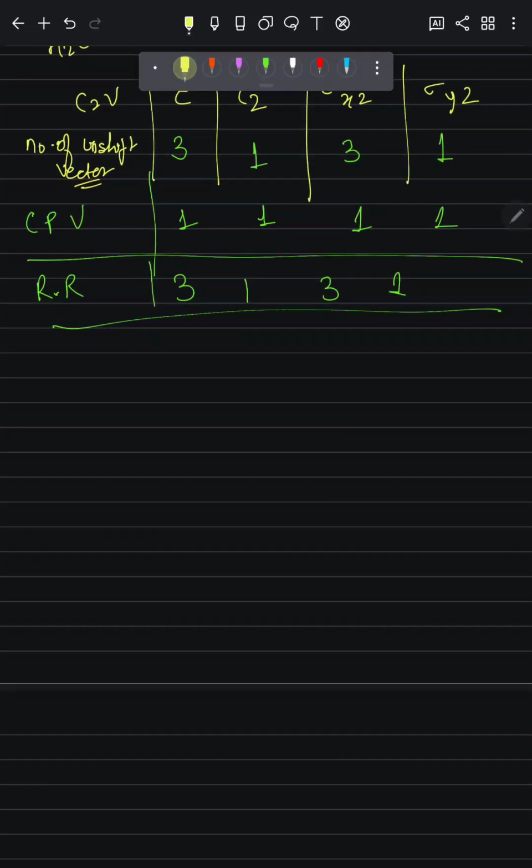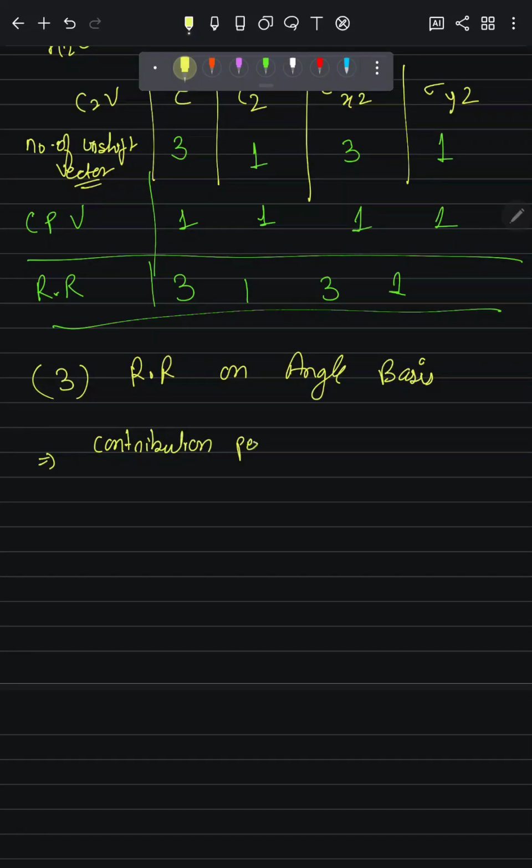And for the third one, the reducible representation on the angle basis. So here also the same type of example can be seen, and here the contribution per angle will be 1. So here also we put the same value as in the previous method.